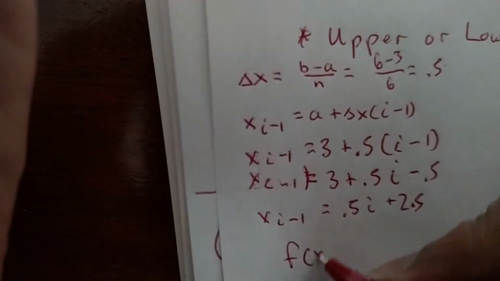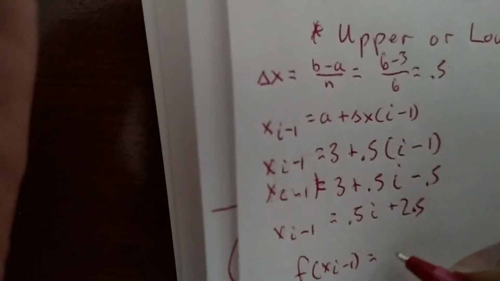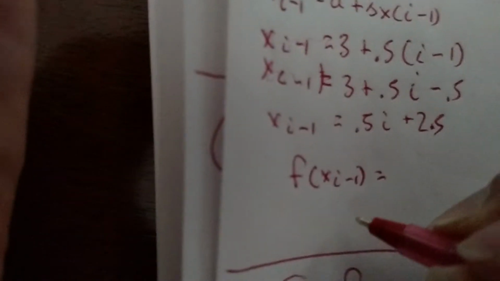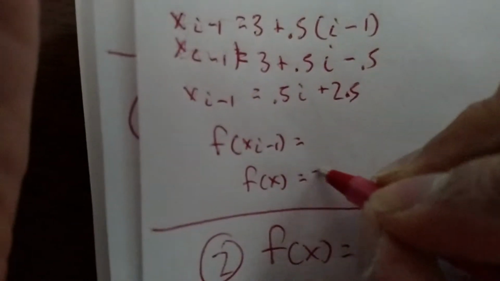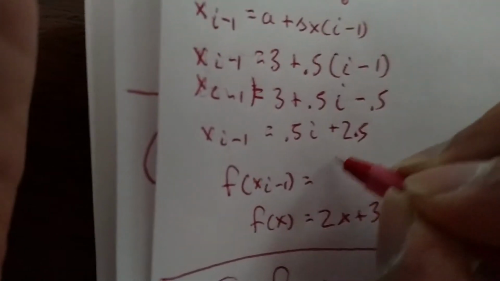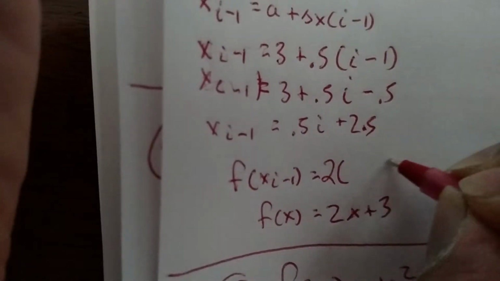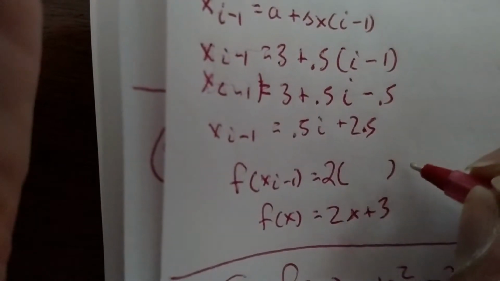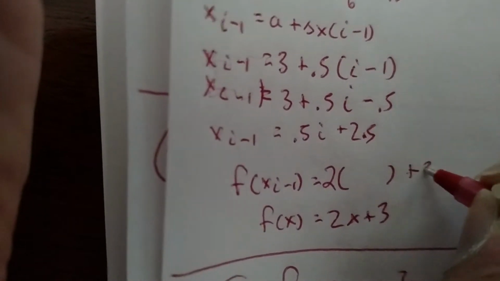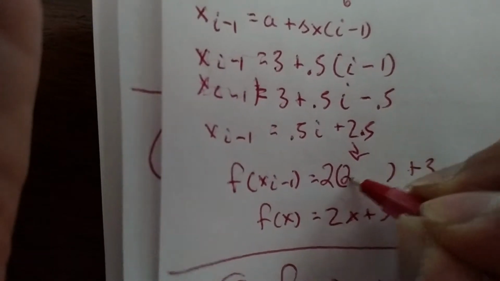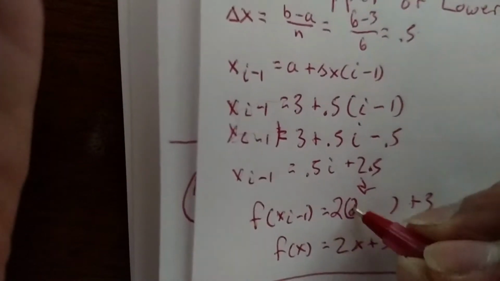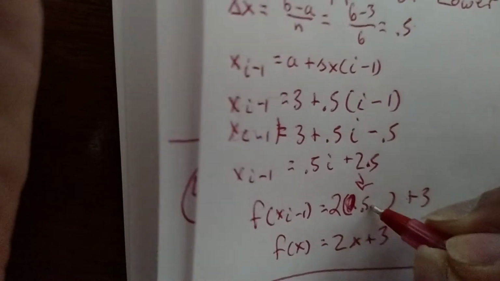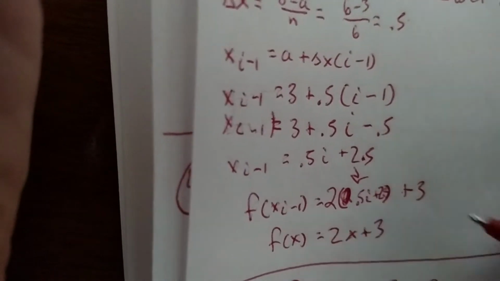The next thing we're going to do is calculate the f of x of i minus 1. In order to do that, first we need to know what f of x is. So f of x is 2x plus 3. We're going to substitute x of i minus 1 in there, so the whole thing goes in there. 2 times (0.5i plus 2.5).